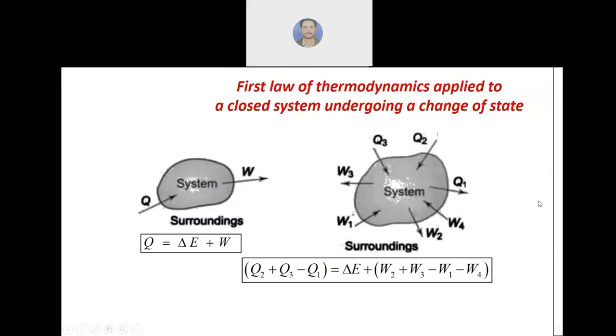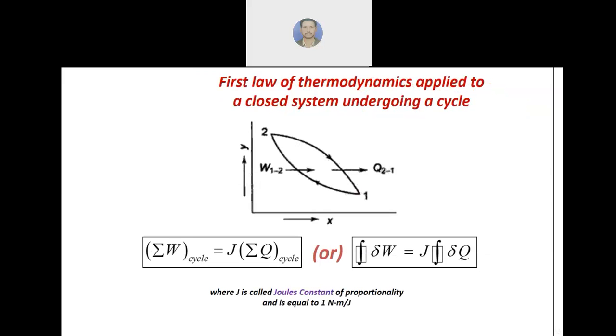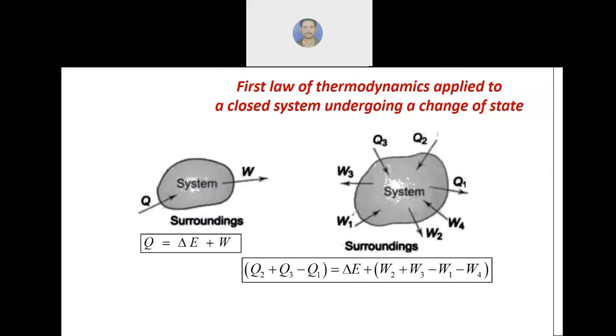Now for a change of state, not for a cycle. If it is not for a cycle, then what will happen? In the previous case there was only work transfer and heat transfer, but now there is a change of state, not a complete cycle.